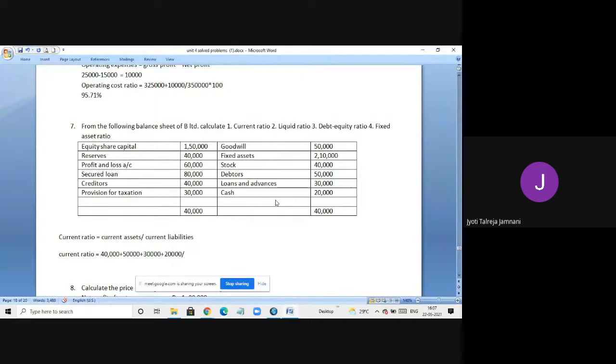You have to leave till secured loans because they are long-term liabilities, equity, reserves, P&L and secured loans. Creditors 40,000 is your current liability. And provision for taxes 30,000.